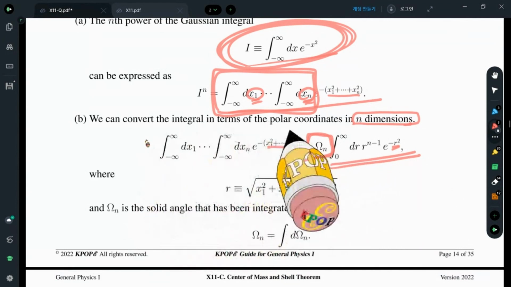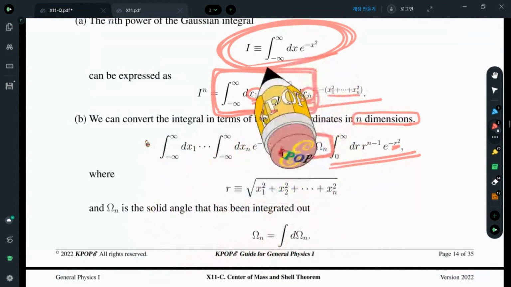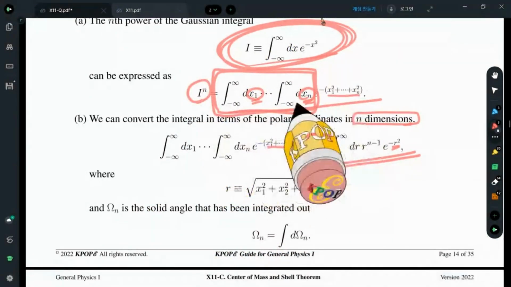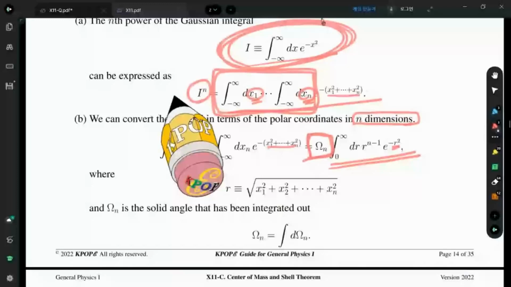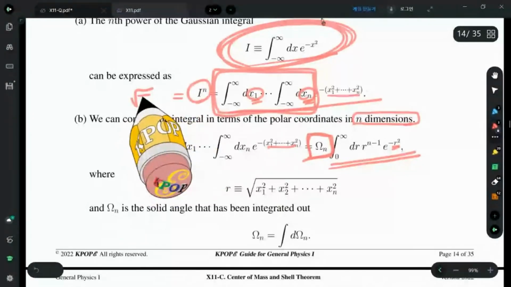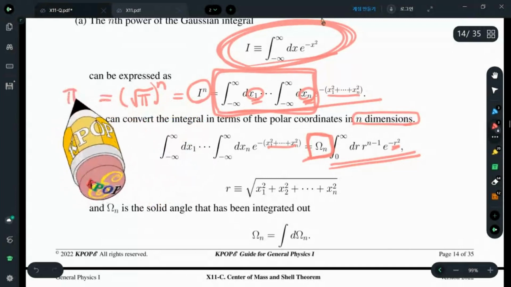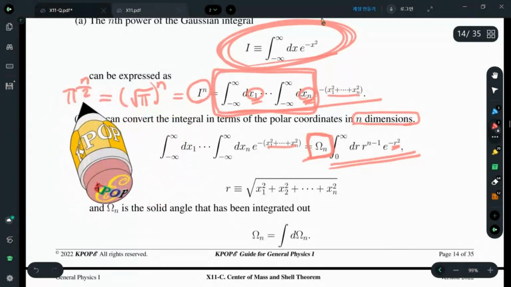Fortunately, the whole value is already known because it is a product of powers of this Gaussian integral. And every single Gaussian integral is a square root of pi. And I know the answer, that is pi to the n over 2.